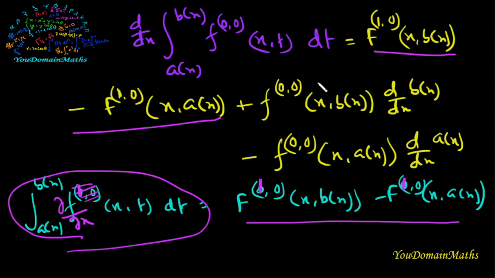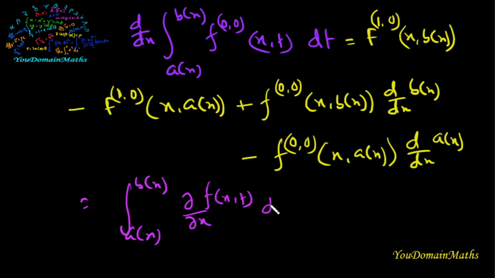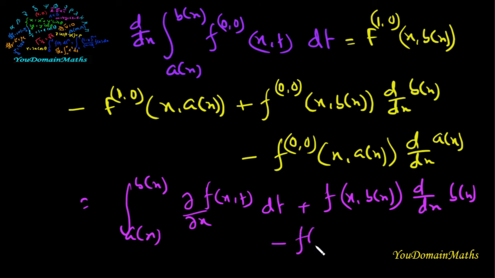So let's write: equal to the integral from a of x to b of x of del f of x comma t dt, plus f of x comma b of x, we cannot write (0,0), that means no derivative, times d/dx of b of x, and minus f of x comma a of x times d/dx of a of x.